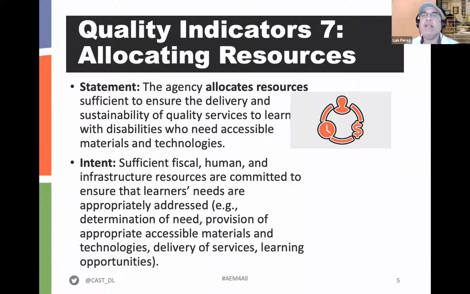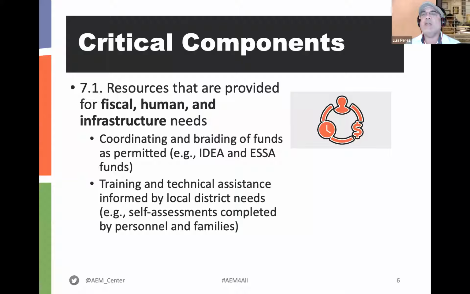And the intent is that there are sufficient fiscal, human, and infrastructure resources committed to ensure that learners' needs are appropriately addressed through the determination of need, the provision of appropriate accessible materials and technologies, the delivery of services, and learning opportunities.